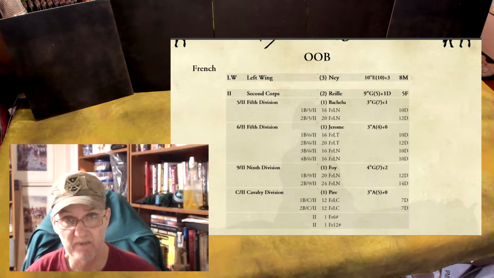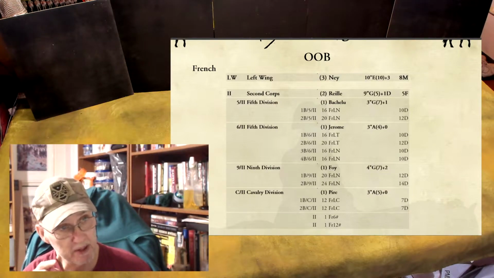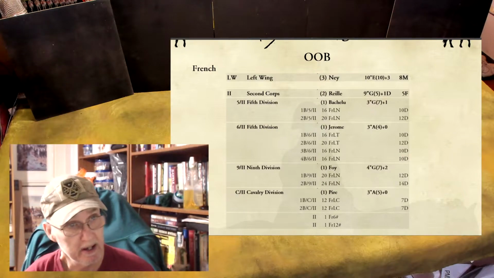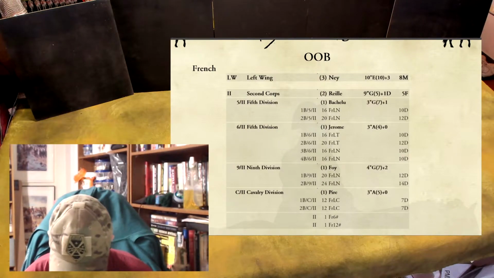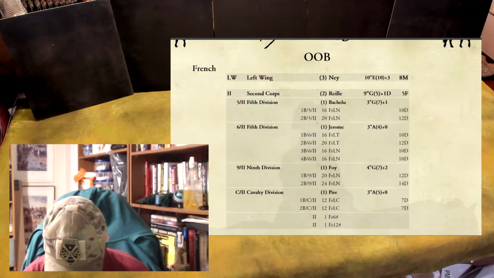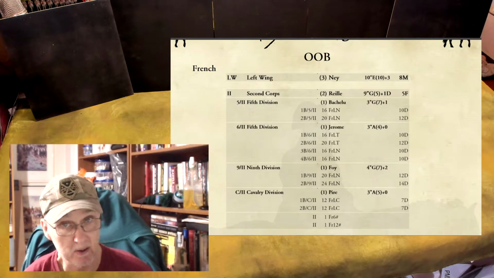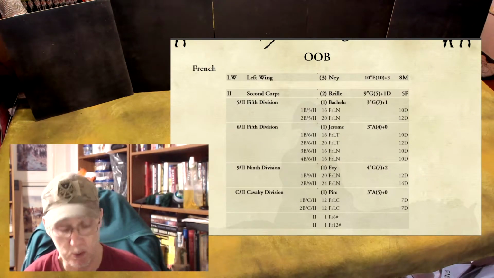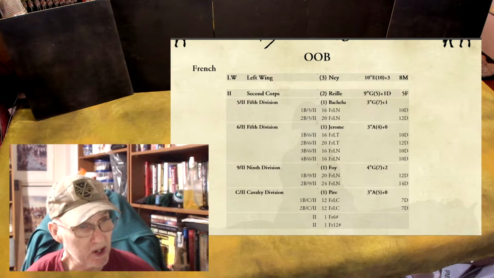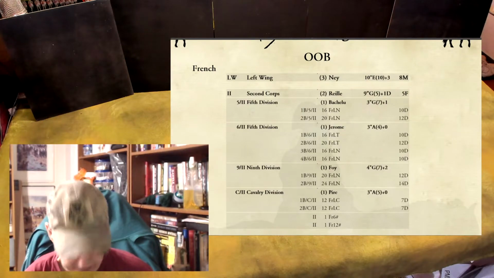I'm actually going to put a figure on the table, and in Napoleon's Battles, as you look, Ney has a 10-inch command range. So I'm going to jot down 10 inches as his Napoleon's Battles range. Okay, Reille has a 9-inch.